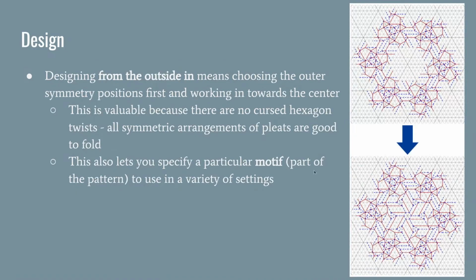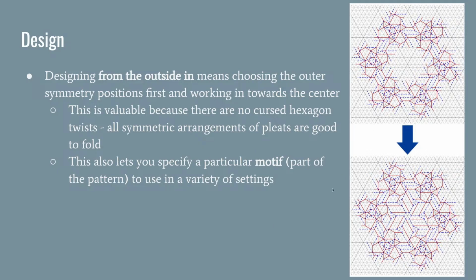And then you can also design from the outside in, meaning that I choose what structure is going to be in the position of threefold symmetry, how that's going to manage the position of twofold symmetry, and work in towards the middle. And this is actually one that I've never folded.